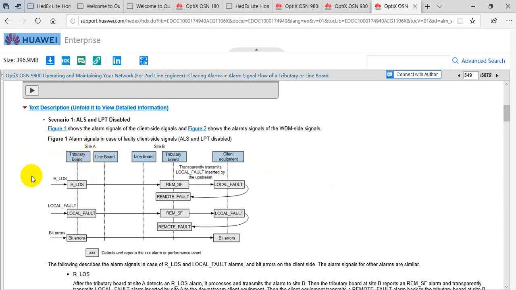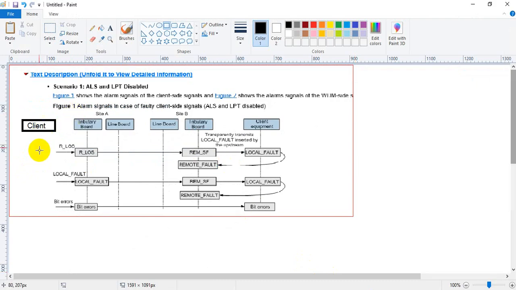If there is a fiber cut, or the client equipment port is shut or faulty, or the patch cords have some issues, there will not be any power at client A, and this will trigger an alarm to the NMS, that is R_LOS, received loss of signal, which is the full form.